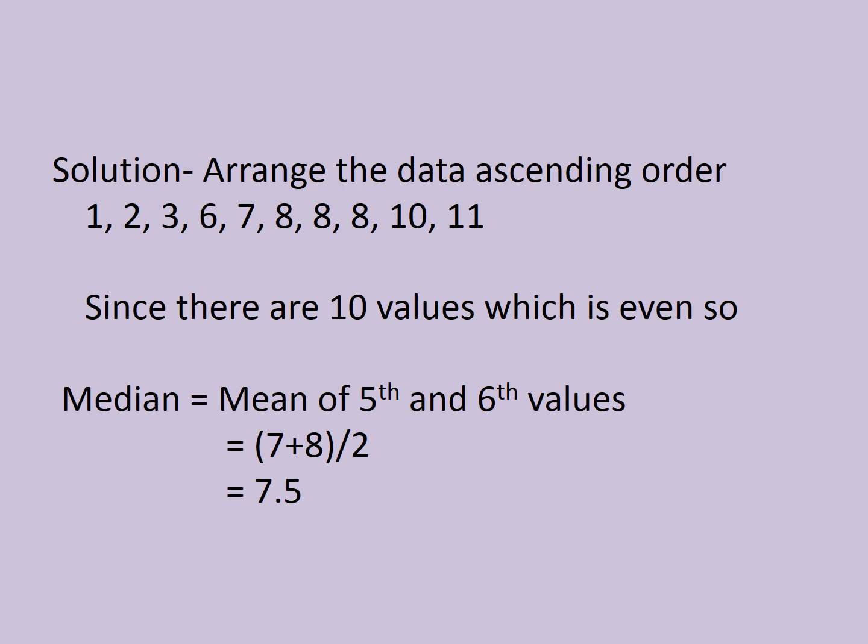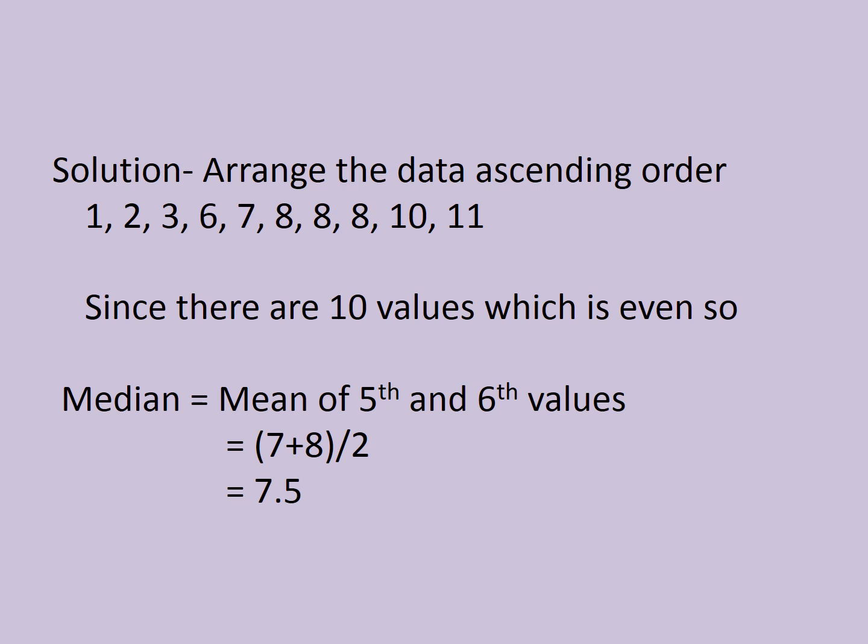Okay, let's solve. First we will arrange the data in ascending order. Since there are 10 values, which is even, the median is equal to the mean of the fifth and sixth values. Understood?